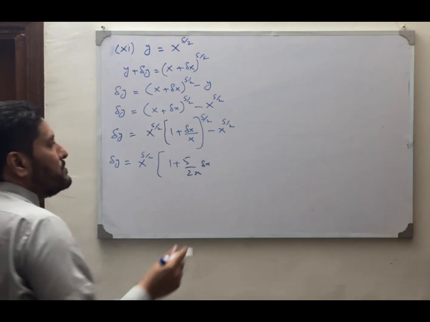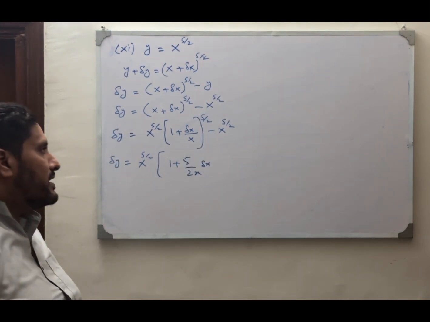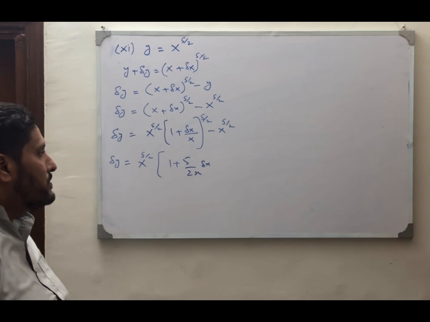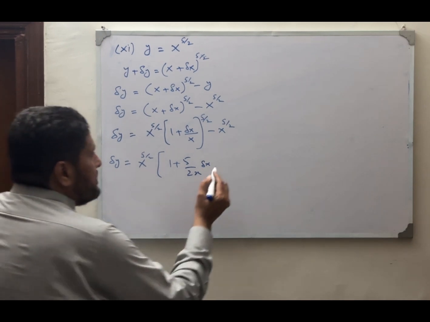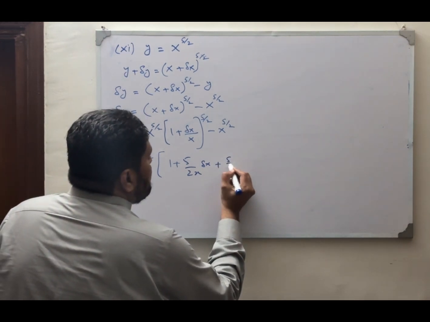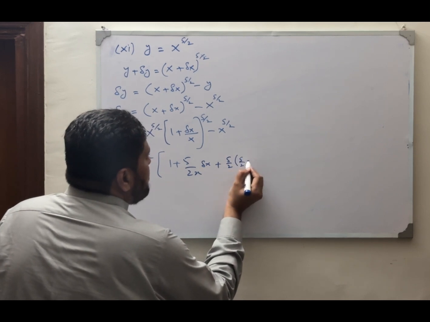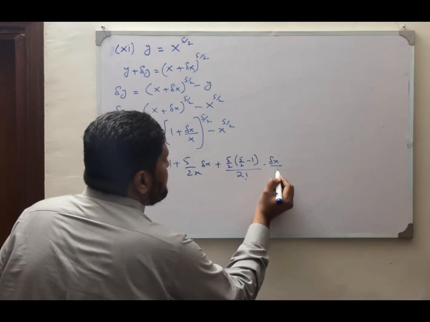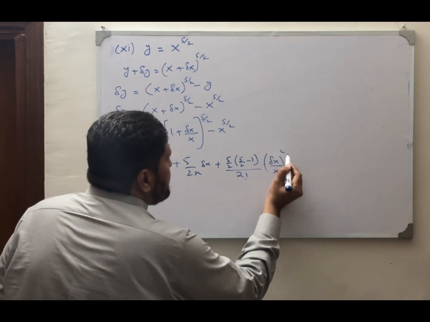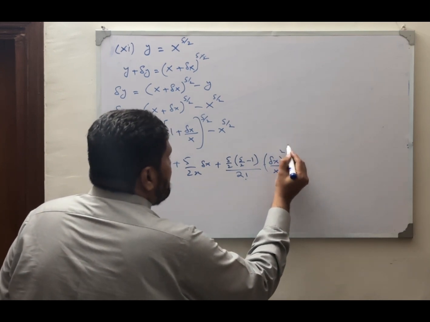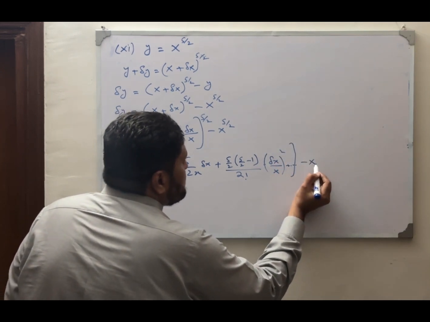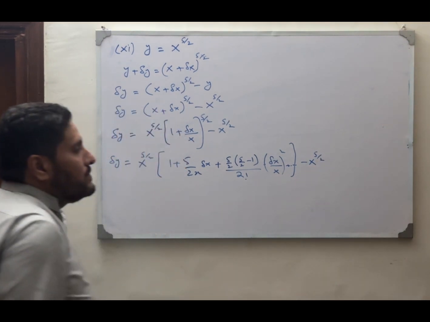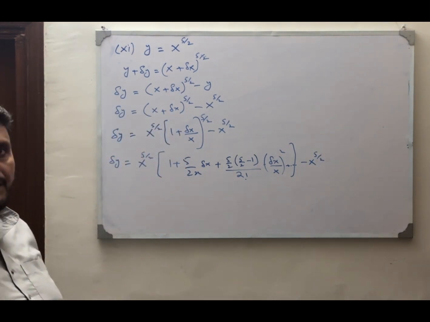When 5 by 2 is multiplied by x, that is delta x by x, that will become 5 by 2x delta x plus n, 5 by 2 into n minus 1, 5 by 2 minus 1 divided by 2 factorial into x square, that is delta x by x whole square, and then neglecting the remaining terms, minus x power 5 by 2, that is the last term, the value of y.